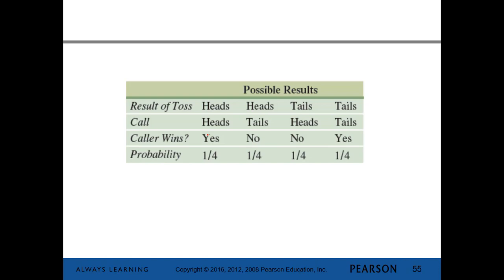You're just guessing, so the chances of getting a heads and calling the right number is pretty much a 50-50 shot. Each one has a fourth of a chance of winning. So you could get this one or this one, and if you add these two probabilities, that adds up to 1/2. You get a 50-50 chance.